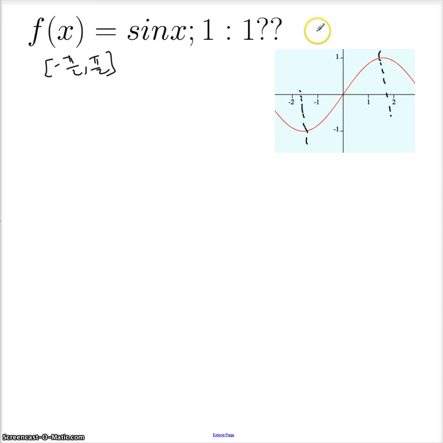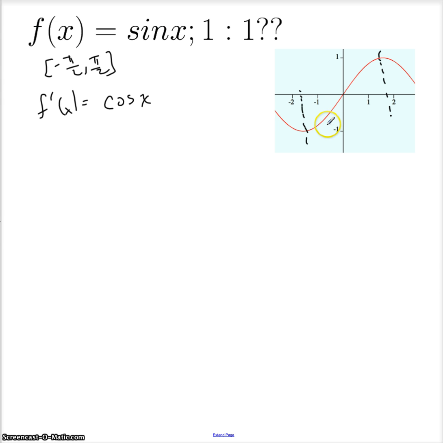So we know f is increasing monotonically in this region. Now, could we have gone from pi over 2 over? Yes, we could have. Let's look at this region. f prime of x is cosine of x, and it turns out cosine of x is also positive in this region.